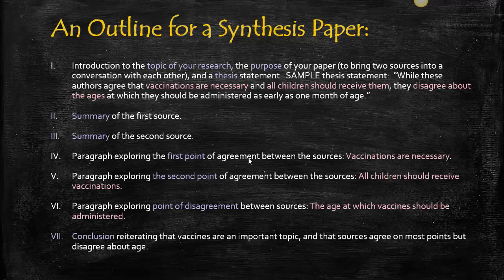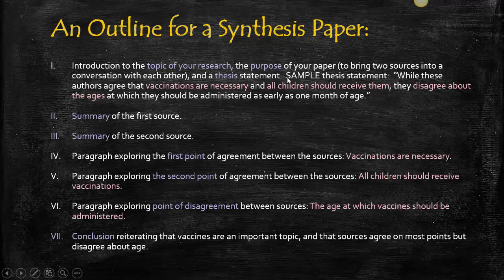And so in your paper, you need to share how you know. How do you know that author 1 and author 2 would both agree that vaccinations are necessary? Give examples from the texts. Give quotes or paraphrases from each text that demonstrate that both authors would agree that vaccinations are necessary.